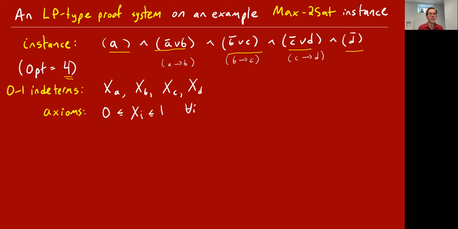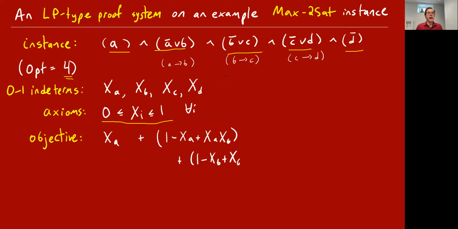And we're going to have axioms. We'll always have these axioms that they're between 0 and 1, although we won't actually need those, I don't think. And notice there's no additional axioms here. Unlike in the independent set problem, there are no additional axioms that we're imposing on how the x's are allowed to be.